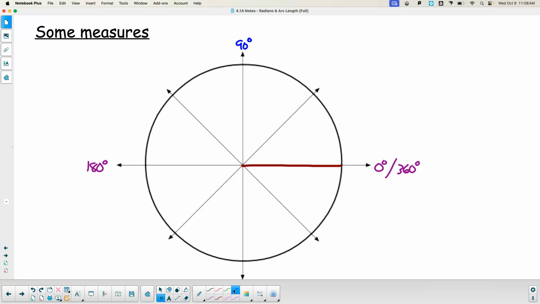Half of the other half would put 270 down here. Half of half of half would be 45. Which means then that this would be 135, this would be 225, and this would be 315.